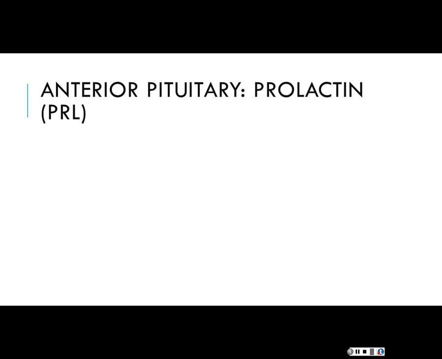I would say it's non-trophic, and that's why I'm going to lead off with this one. How do you think it's regulated? Tropically by the hypothalamus. Very good. So the release of prolactin is under tropic control from the hypothalamus.